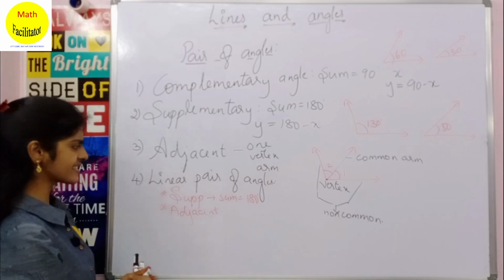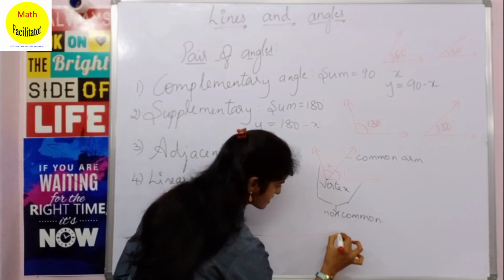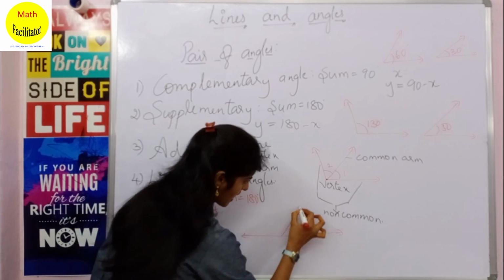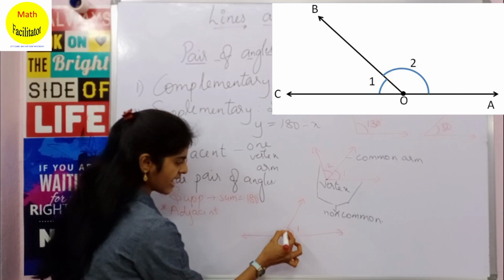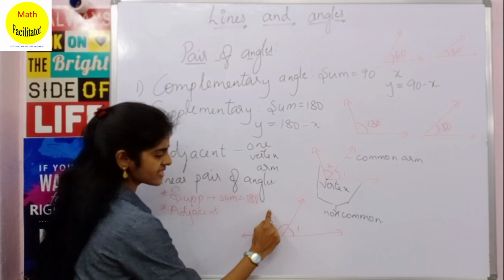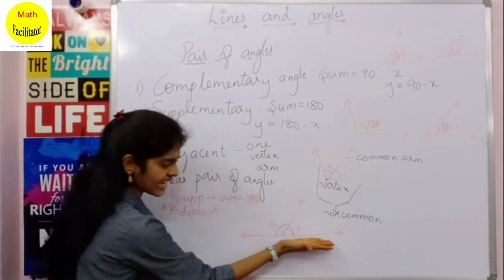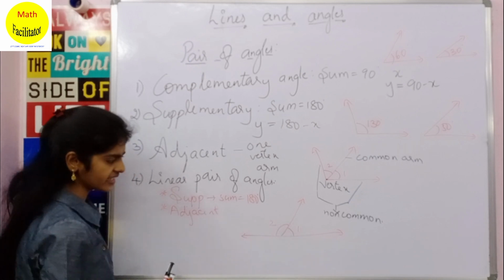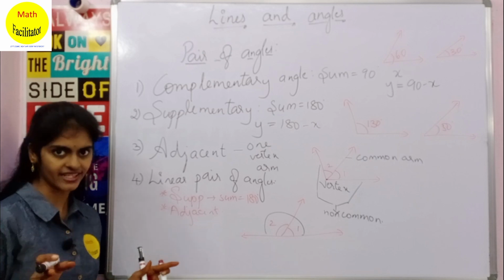Now let us write what a linear pair of angles is. Suppose this is a straight line and you have something like this. This is one angle and this is the second angle. Angle 1 plus angle 2 is nothing but 180, because this is a straight line, and this complete thing is a straight angle. We have learned a straight angle is 180 degrees.